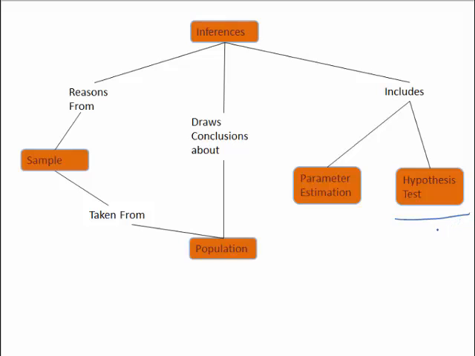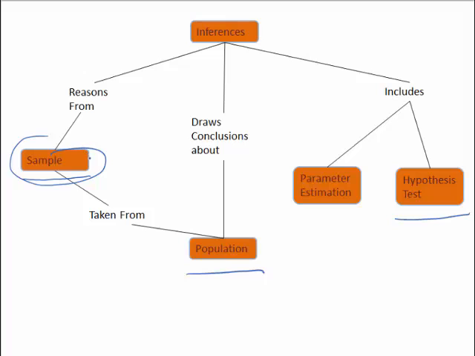A statistical inference is the process of drawing conclusions about a certain population based on data from some members of the population, which we would call our sample. So essentially, we infer something about our population using a sample.